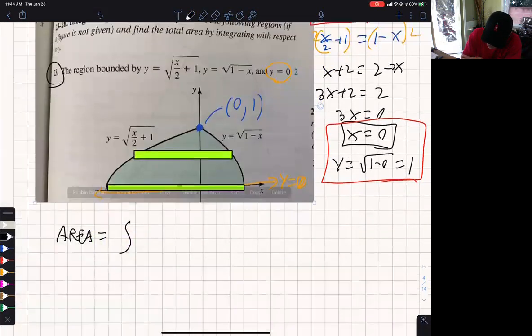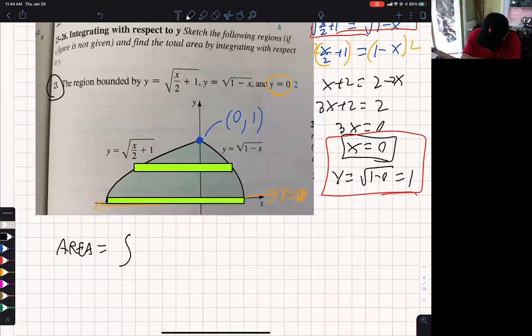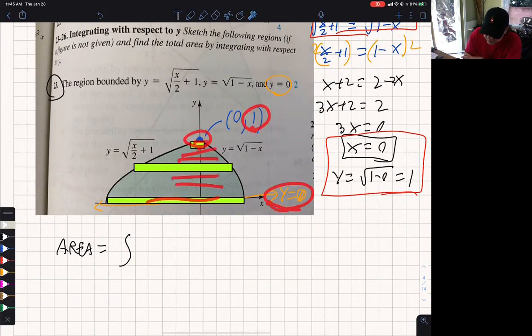I'm going to keep on adding them till the last one's going to be up here. So the first one is going to be at y equals 0. The last one's going to be at y equals 1. You got to see we're stacking up vertically. That means we go from a y to a y. So 0 to 1.